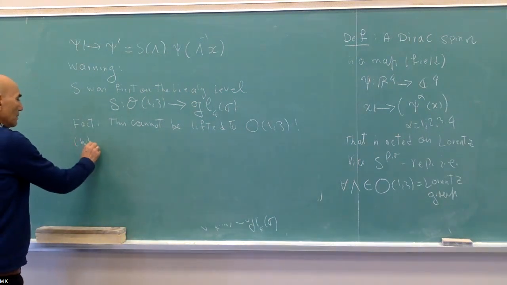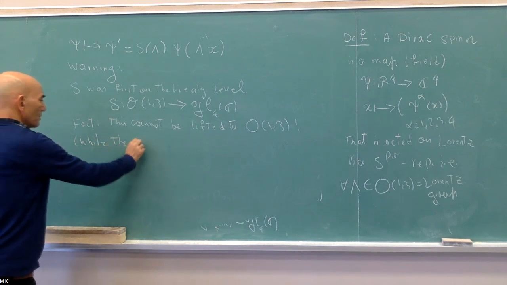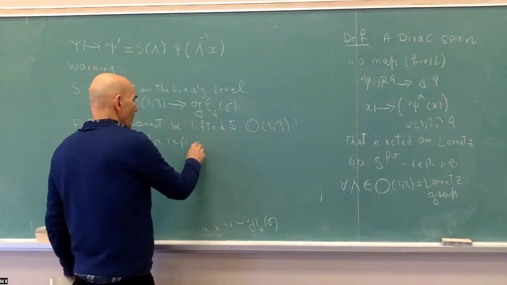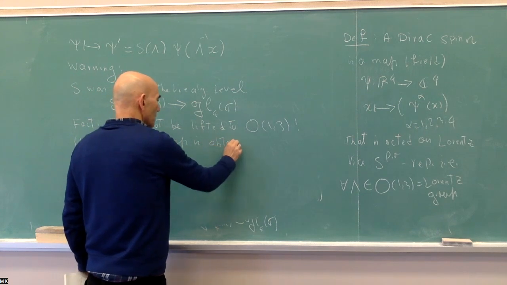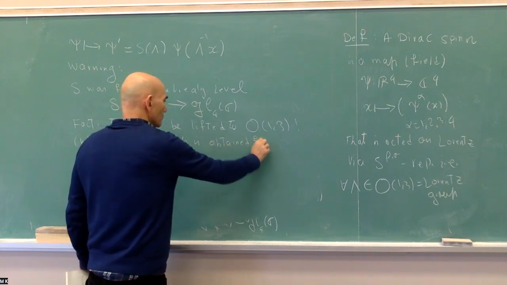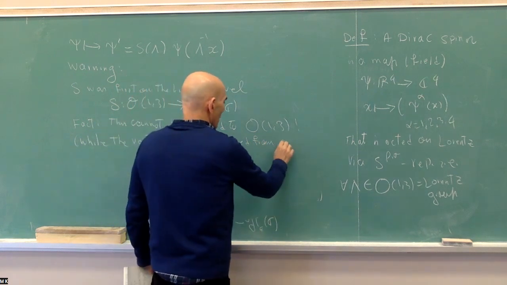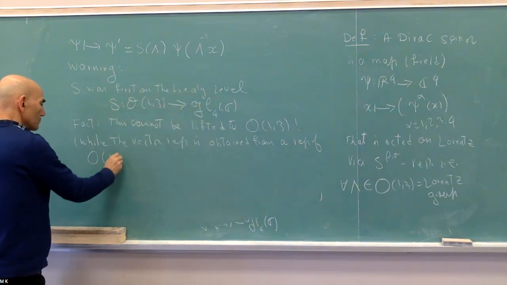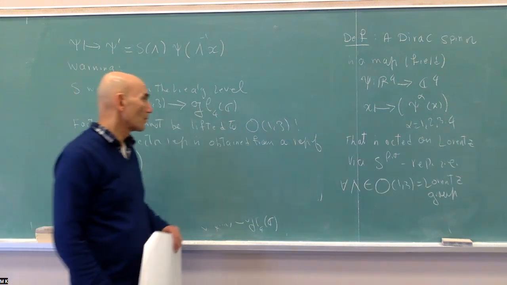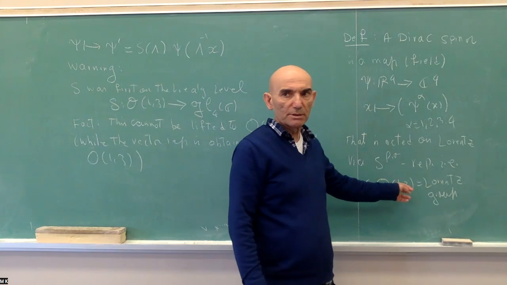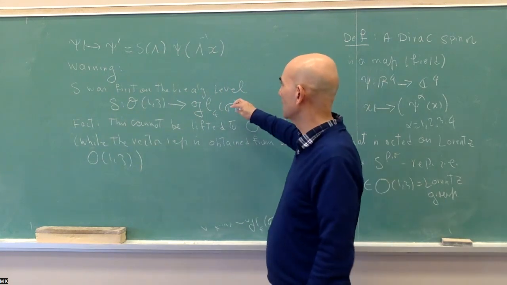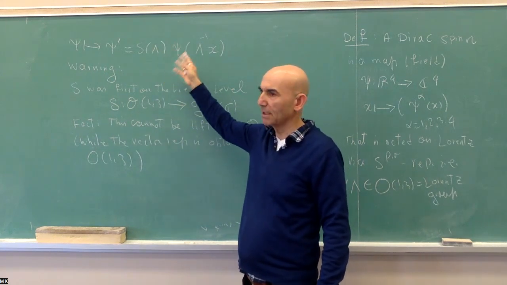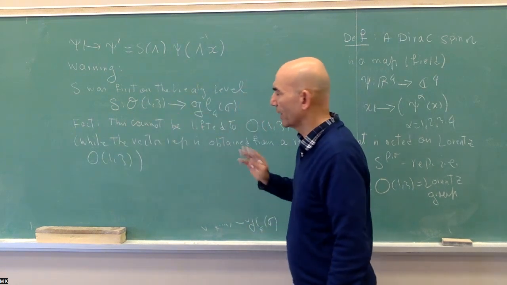So while the vector rep is made from a graph of, it's rather problematic to write even this relation, because I'm assuming that this S is now acting on this thing which is not quite correct in a way.